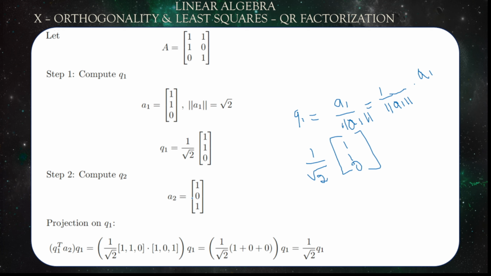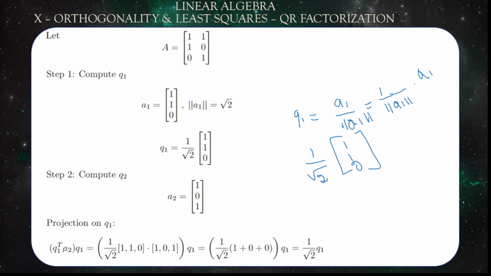Now compute Q2. A2 is the second column, 1, 0, 1. The projection on Q1 is Q1 transpose A2 times Q1. This is a formula that we should memorize.